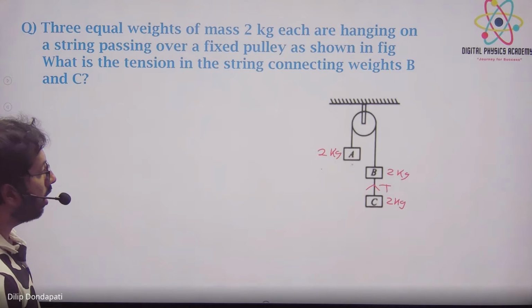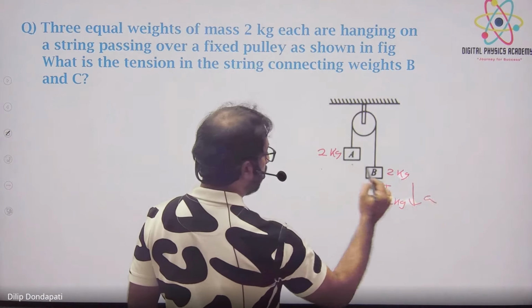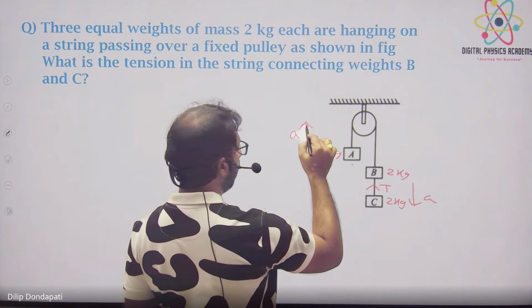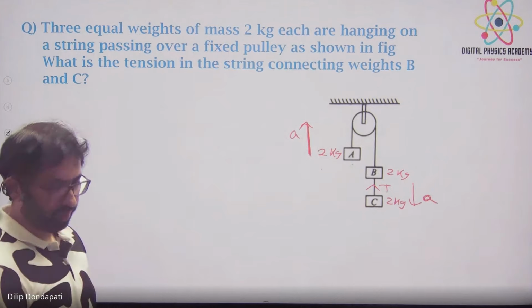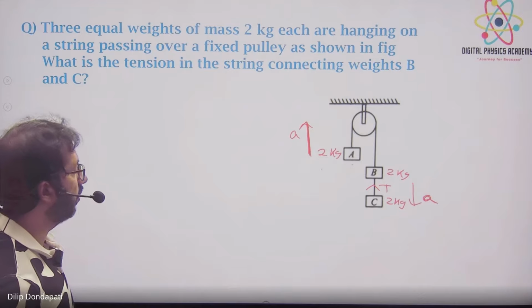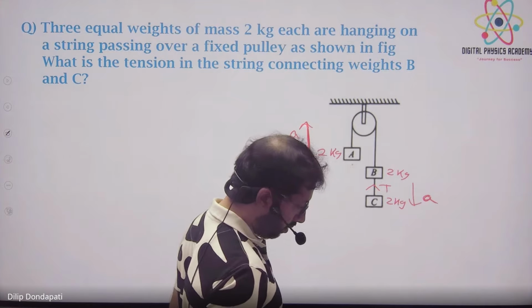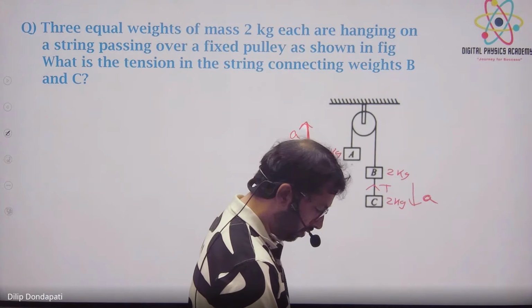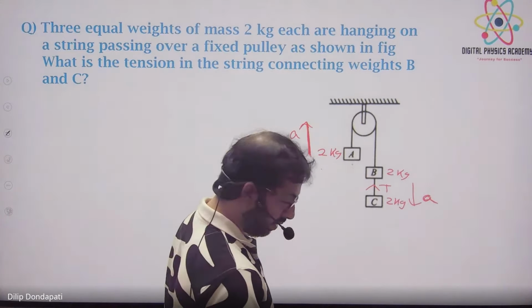So use the free body diagram and try to check. Definitely इसका acceleration downwards. So there is a tension between B and C only, right, in the question. हाँ B and C के बीच में tension चाहिए. Sir, A and B are connected in the same string only, right? But this is not the same string, right?